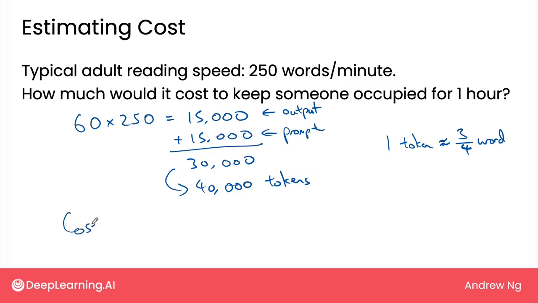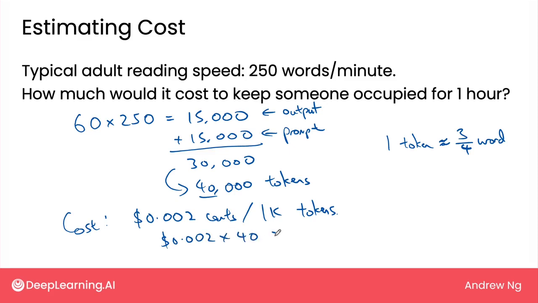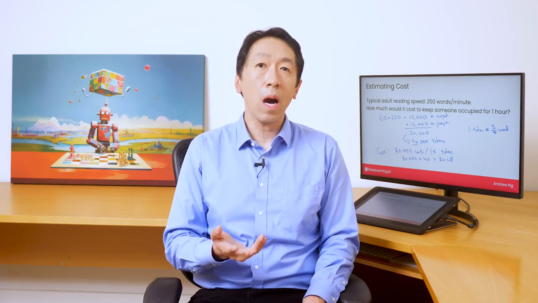And if the cost is 0.002 cents per 1,000 or 1K tokens, then generating 40,000 tokens costs 40 times that, 0.002 times 40, which is equal to 8 cents. So if your software application uses a cloud-hosted LM service by OpenAI or Azure or Google or AWS or others, that's maybe 8 cents to keep someone busy for an hour.